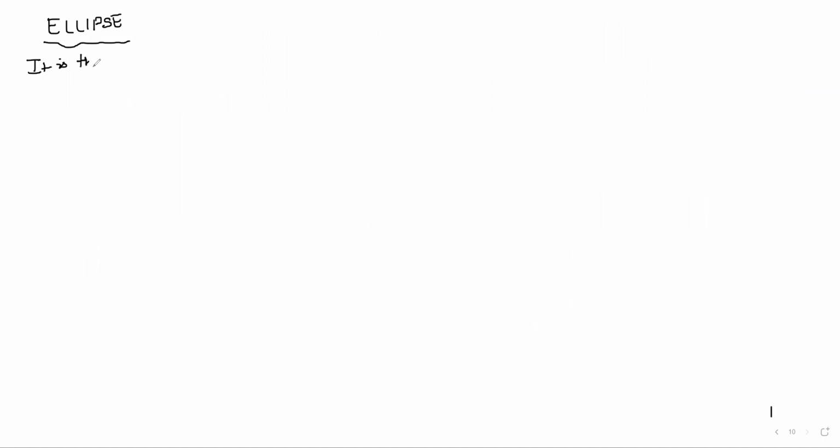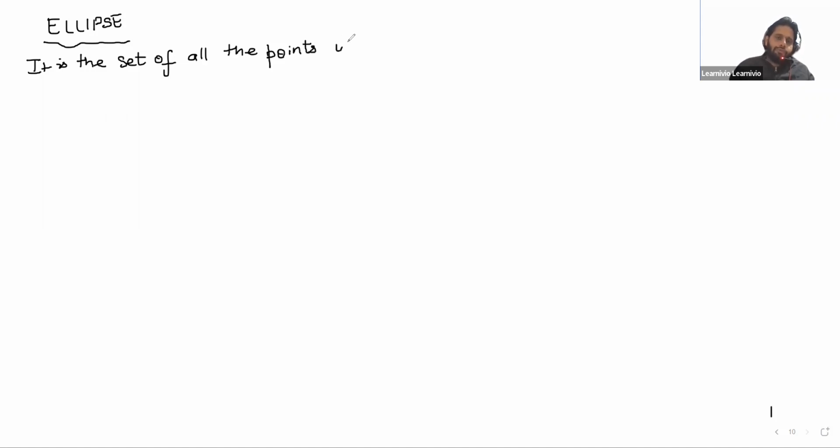Okay. Next, we will start the ellipse. What's the ellipse? It is a set of all the points whose sum of distance from two fixed points is always a constant.